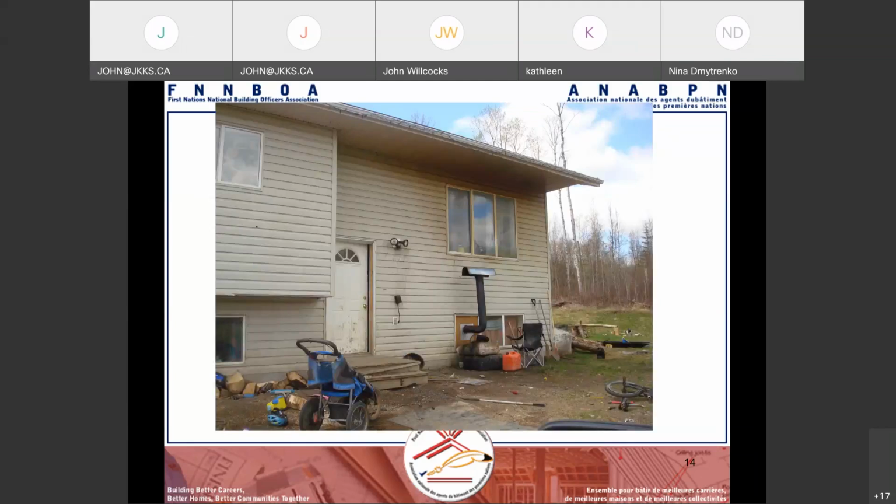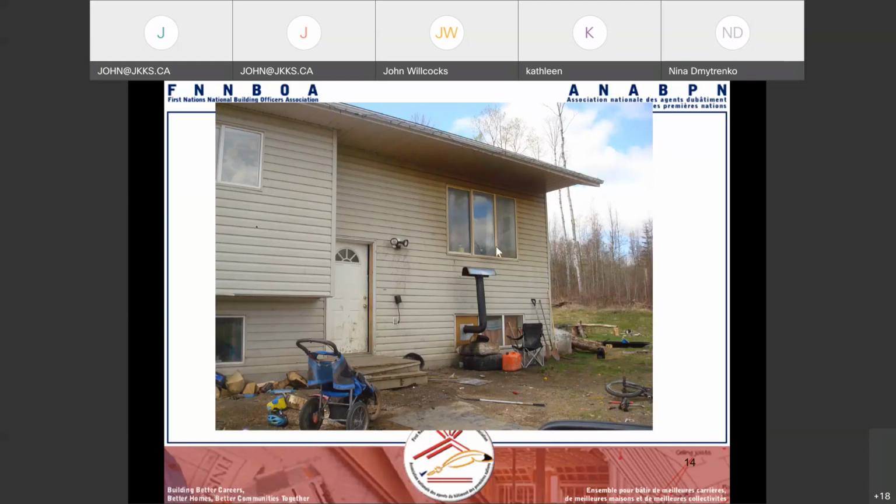Here's another picture relating to a heat source that was installed. So we can see the occupant took out a window, put the pipe on the outside, deflecting, rather than going straight up, it just reflects on each side. You can see all the smoke damage at the top.